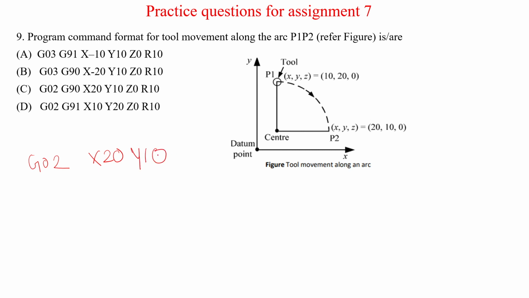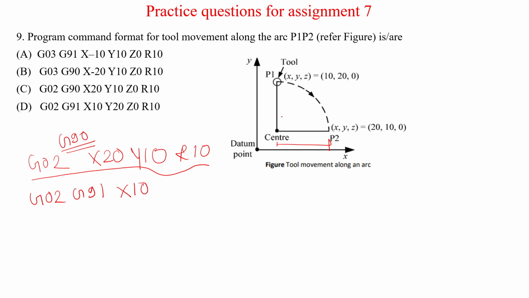Z is also 0. And R is how much? R is this much. R is 10. This is right, but this is right in case of when it is absolute, G90. But when you do G91, then how much is X? X will be 10.